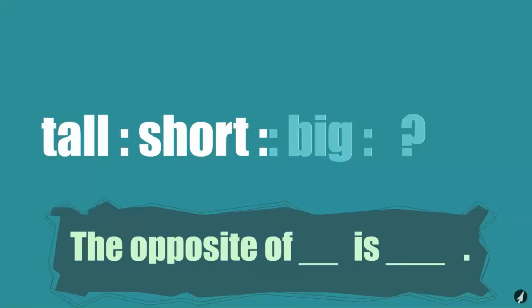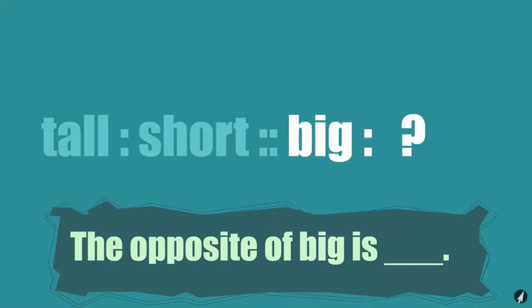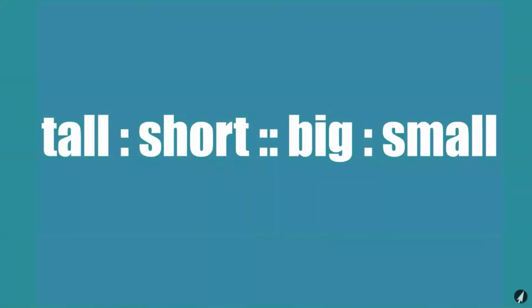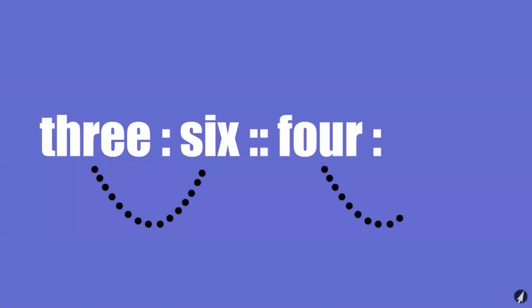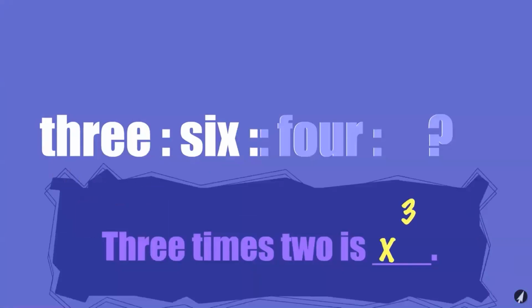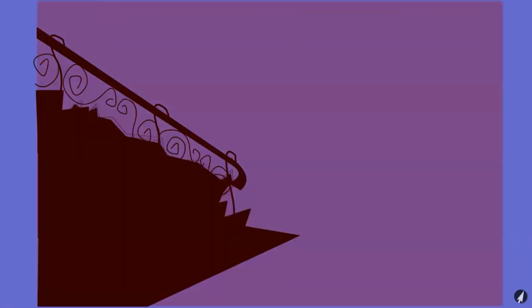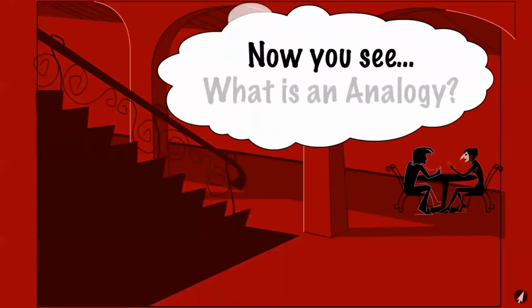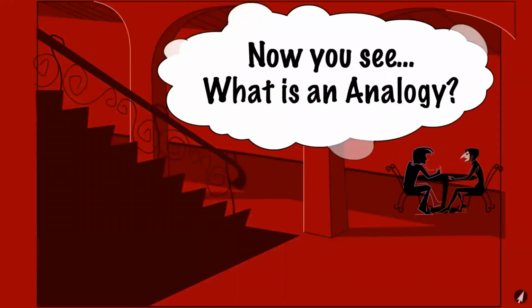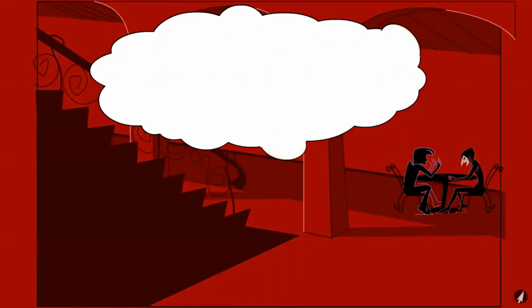The opposite of tall is short. The opposite of big is small. 3 is to 6 as 4 is to what? 3 times 2 is 6. 4 times 2 is 8. Now you see what is an analogy. It's a relationship between 2 words.